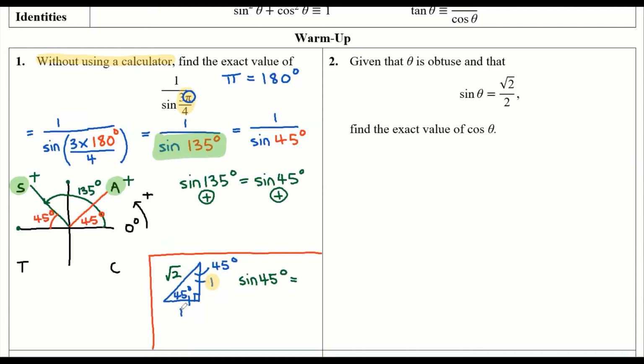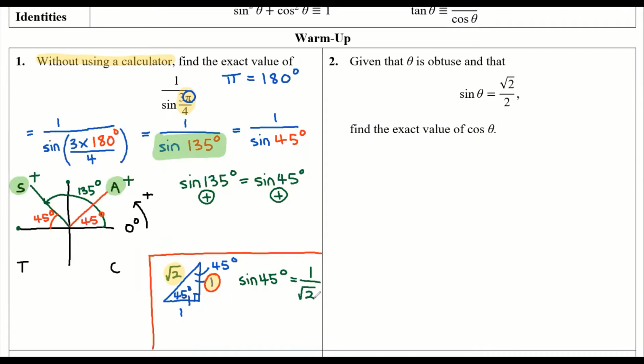If you use this side here as the opposite, you'll get the same result. But if I take this side as the opposite that I've just highlighted, this is the opposite side, 1, and divide that by the hypotenuse, which is what sine is, opposite over hypotenuse, I get 1 over root 2. So this is going to be equal to 1 over root 2.